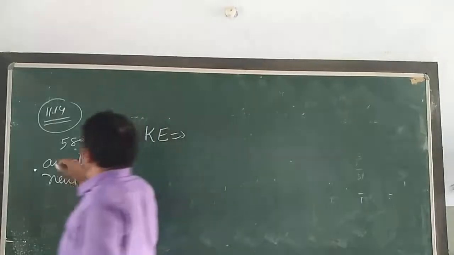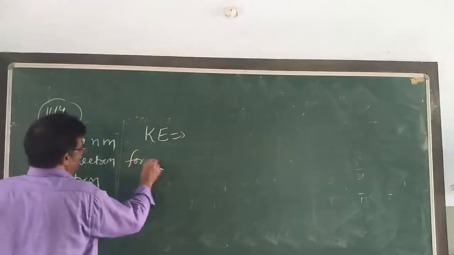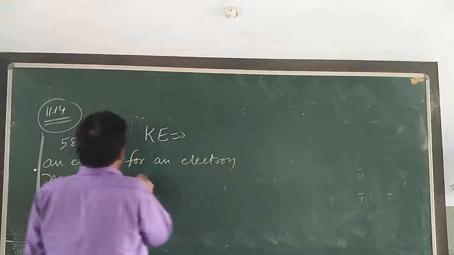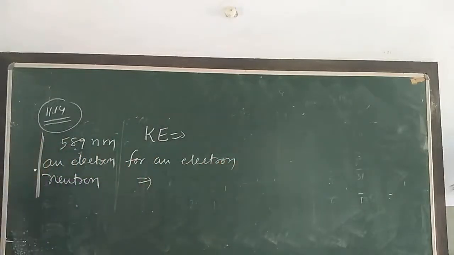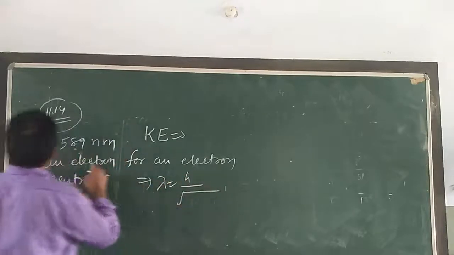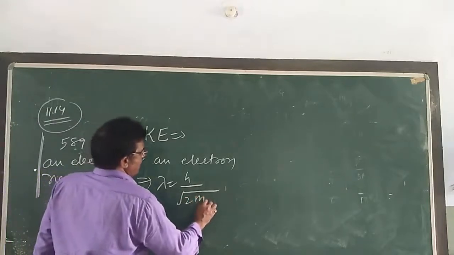Okay. Now solve this question. What we have to do? For an electron, what is the energy? Wavelength का फॉर्मूला हमको पता है. लैम्डा इज इक्वल टू h divided by square root of 2mE.